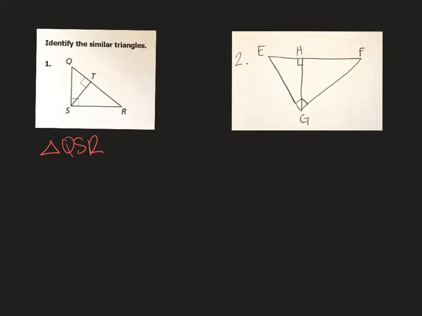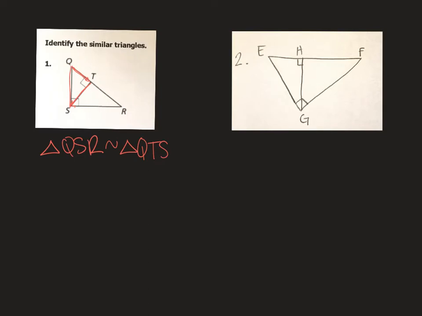So if we ignore the bottom triangle and just look at this triangle up in the top left corner, we're going to go shorter leg to longer leg. Our shorter leg in that triangle would be QT. The longer leg would be TS. So we're going triangle QT to S, shorter leg to longer leg across the hypotenuse.